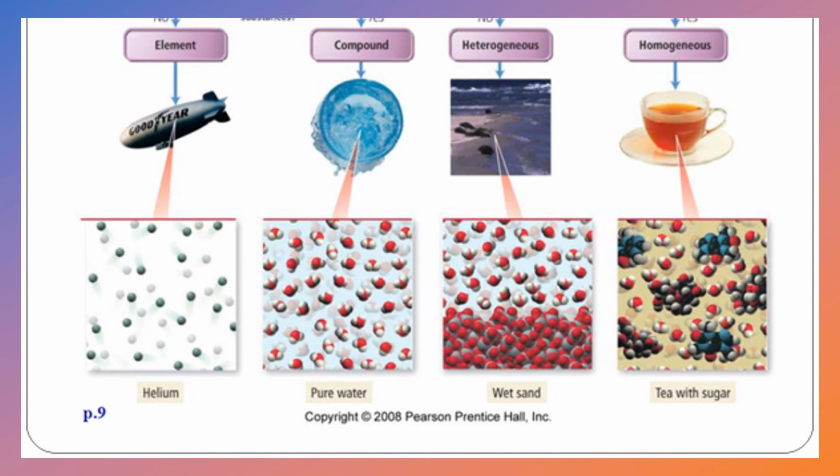Then the pure water, a compound. For heterogeneous, the wet sand. And homogeneous is water with sugar. So, that is the difference between element and compound.